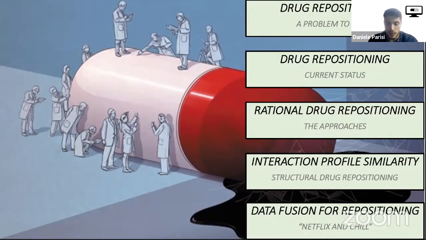At the end, I will explore with you how we can fuse different kinds of data in order to increase the accuracy of prediction of new indications for existing drugs. So we will dip a little bit more into machine learning and deep learning.